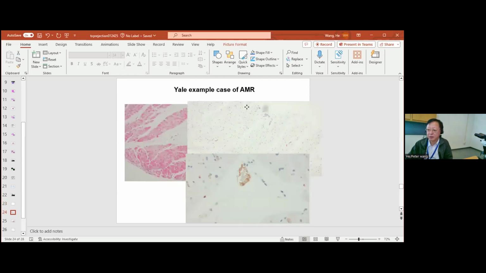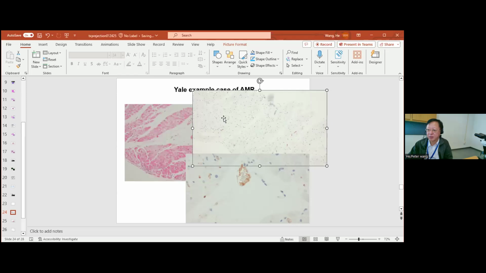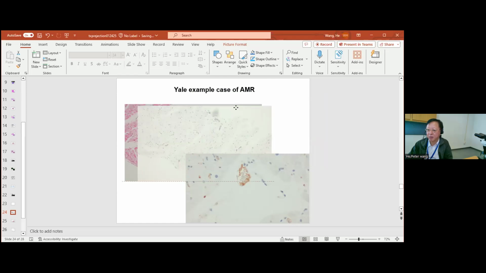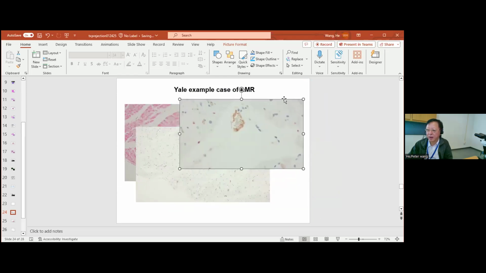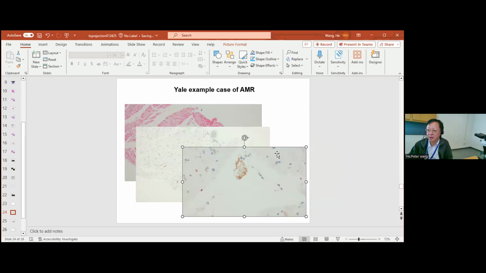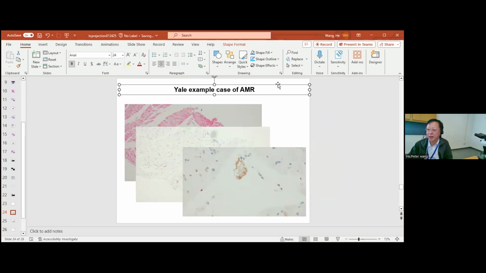You can see here C4d at a 4x scanning power, and at higher power, at 400-fold, you can see the endothelial cells here, and the capillaries are positive. All these small capillaries are positive. So that is one case of an AMR positive case.